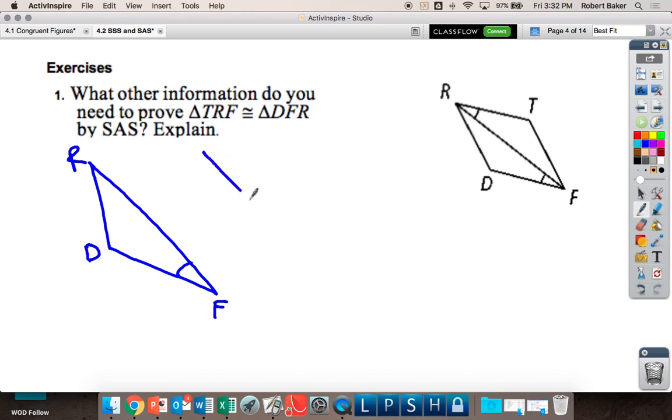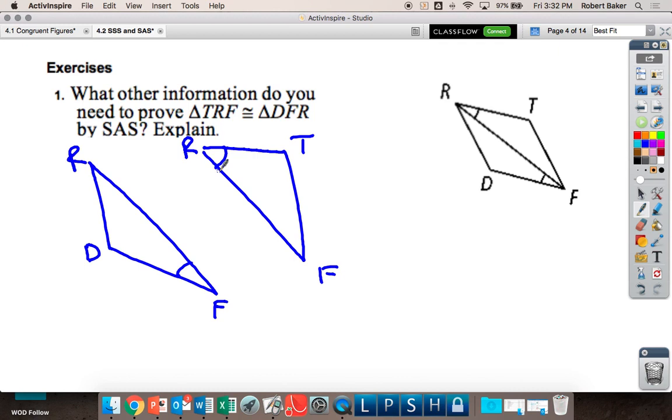On the other triangle, R, T, F. This angle is marked as congruent. I would like to use the side, angle, side shortcut. Do I have a pair of sides that is congruent in that figure? Yes. Which one? This line RF is the same in the lower triangle as it is the upper triangle.